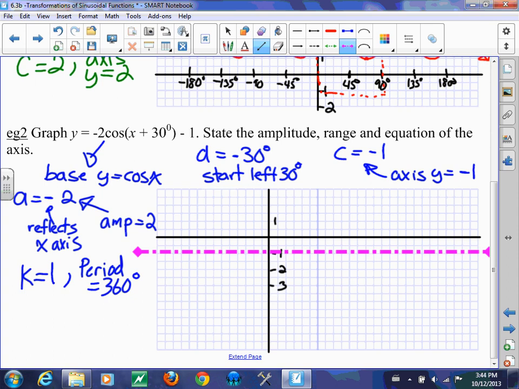Now we've got to figure out what we're going to do for our scale. It says 30 degrees. So why don't I make every other 2 to be 30 degrees? Let's see if we can do that.